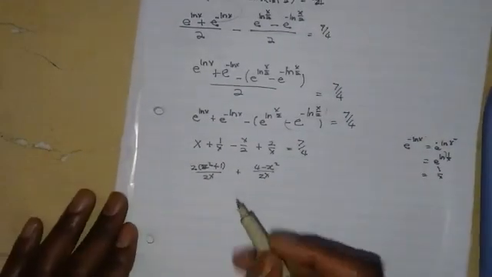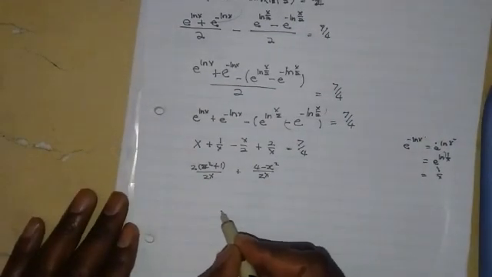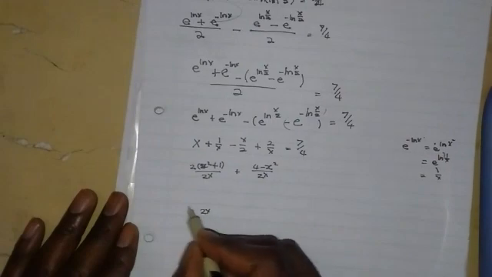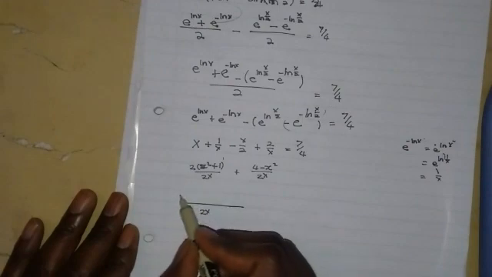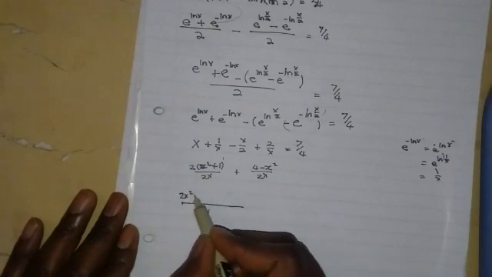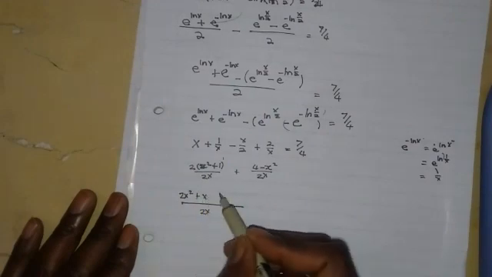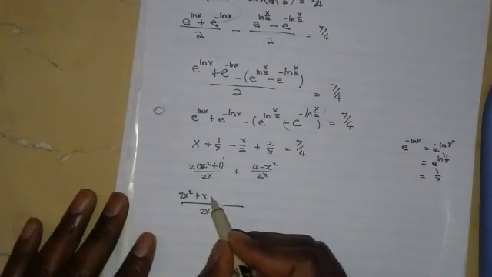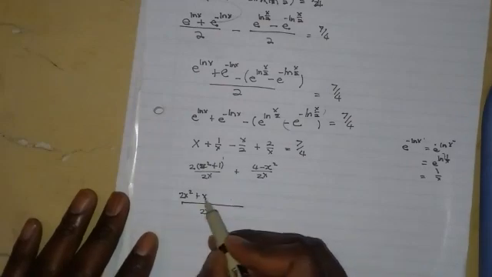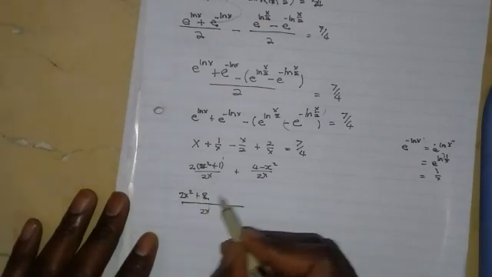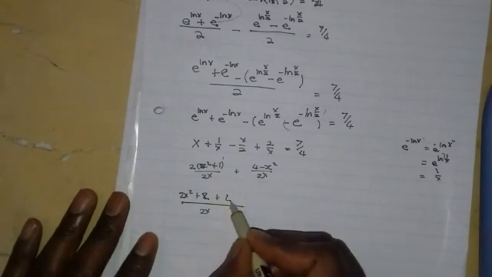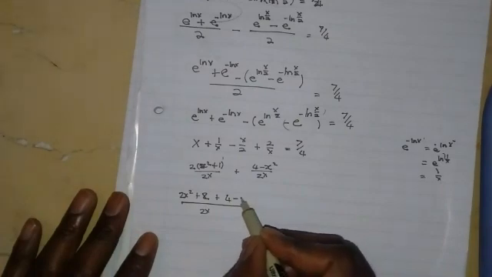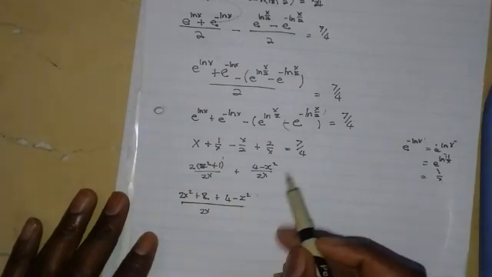So it will now be 2x divided by multiplying in, which is equal to 2x squared plus 2, plus 4 minus x squared.